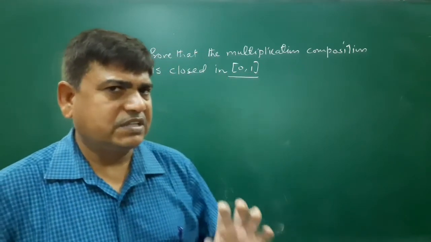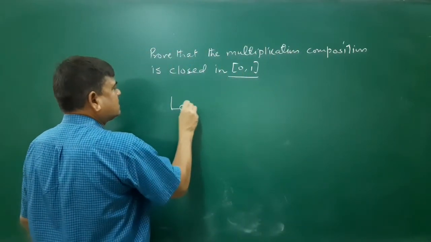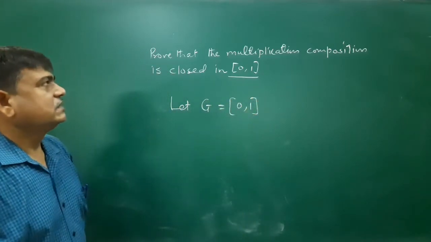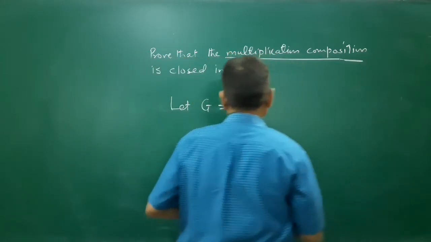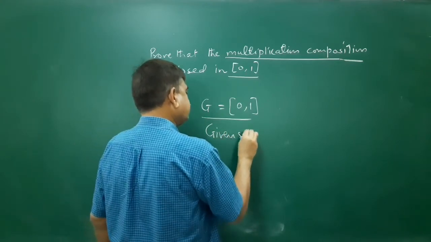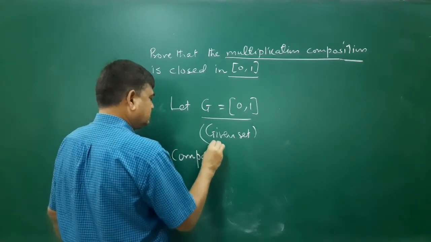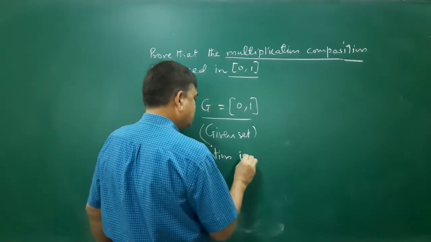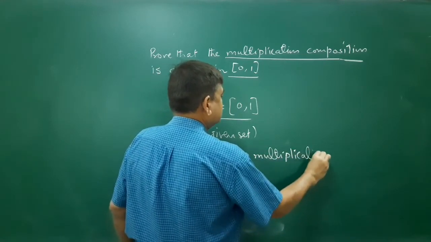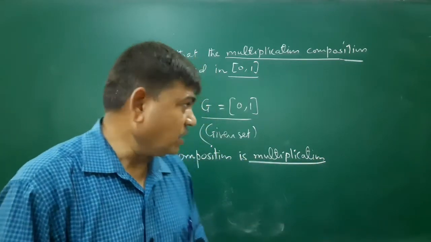Remember, this is the closed interval. So this is the given set. Composition is multiplication. Be careful, I am using the word multiplication, gunan.